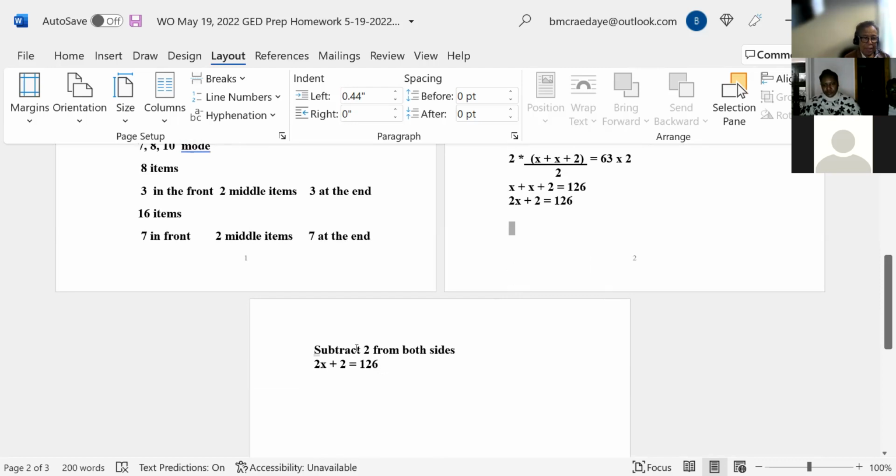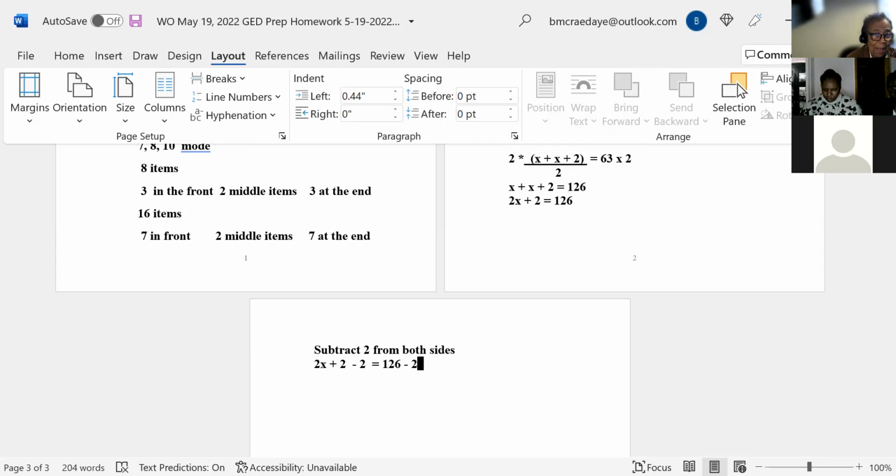We want to get the 2 with the constant on the right side. In order to do that, we have to subtract the 2 from both sides. So we subtract minus 2 on the left, and minus 2 on the right. Because to keep an equation in balance, you have to do the same thing to both sides. They have to be in balance, right?